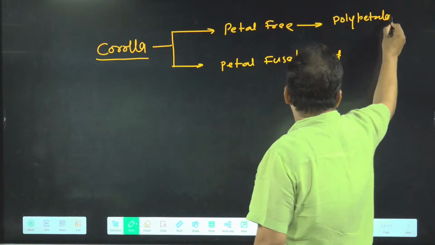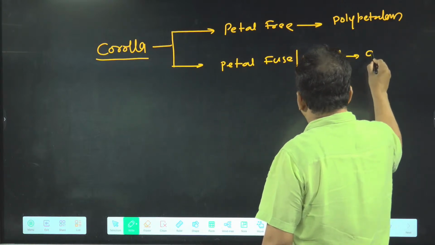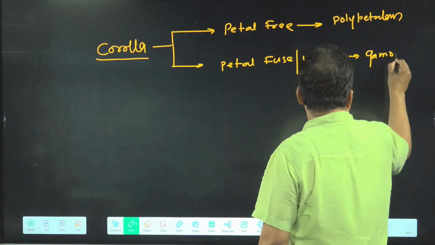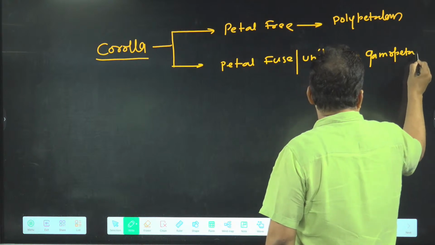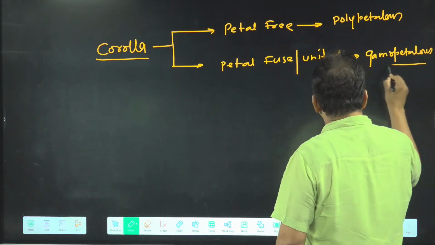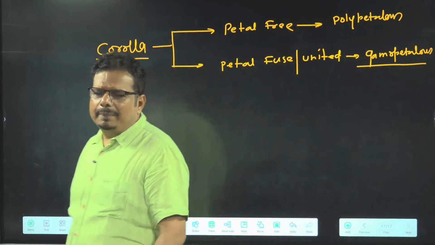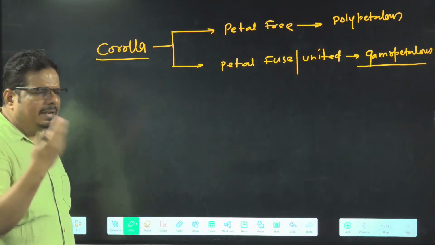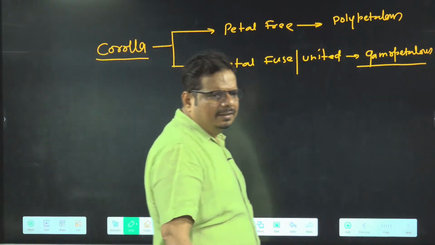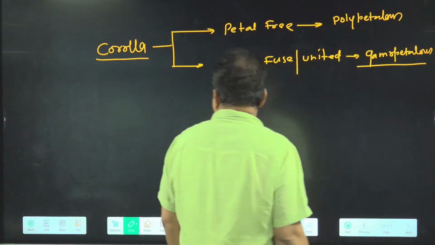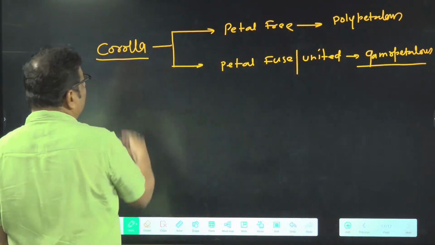Polypetalous. And it is which one? Gamopetalous. Getting the things. So if it is sepal, sepalous, petal, petalous. Is it clear? Now, corolla I already wrote attracts pollinators.